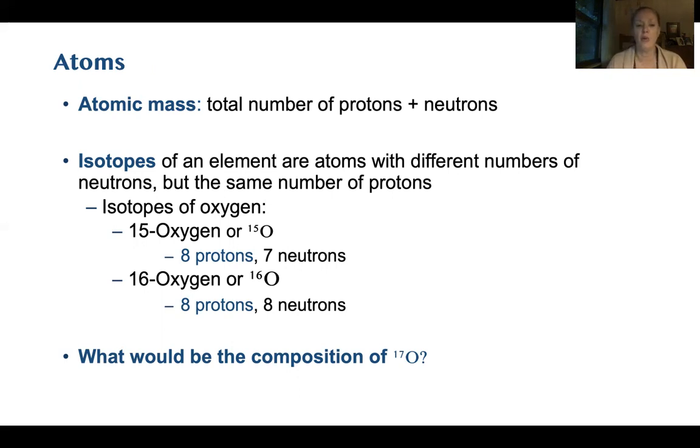And can you figure out what would be the composition of oxygen 17? Okay, and notice for our isotopes, we put in a superscript before the letter that represents the atom. We put in a superscript the number for the weight of the isotope that we're talking about. So for oxygen 17, we would have 8 protons and we would have 9 neutrons in the nucleus. I hope you got that one right.